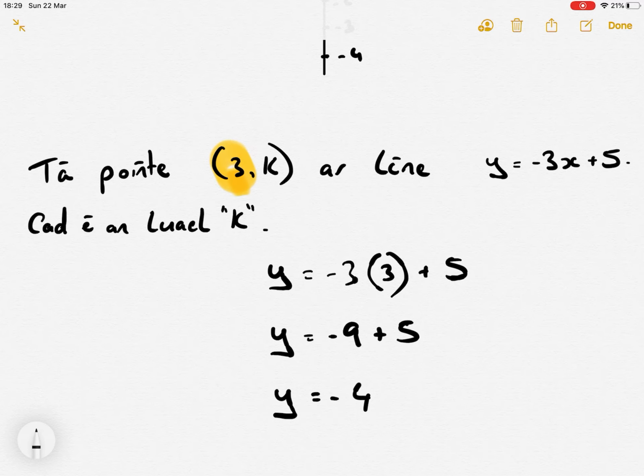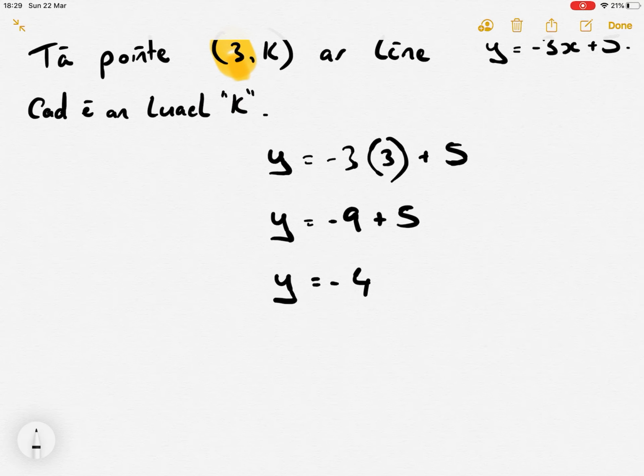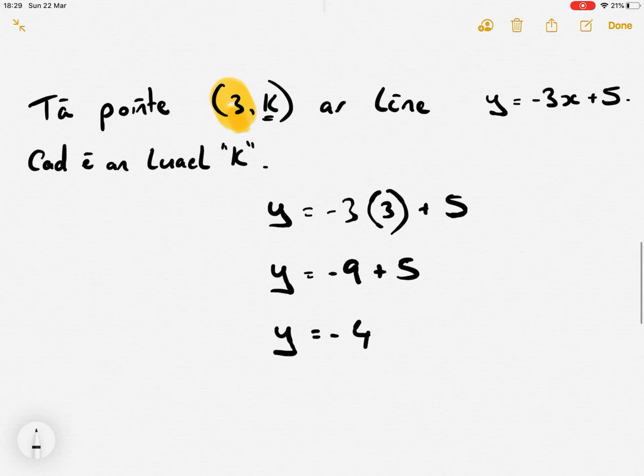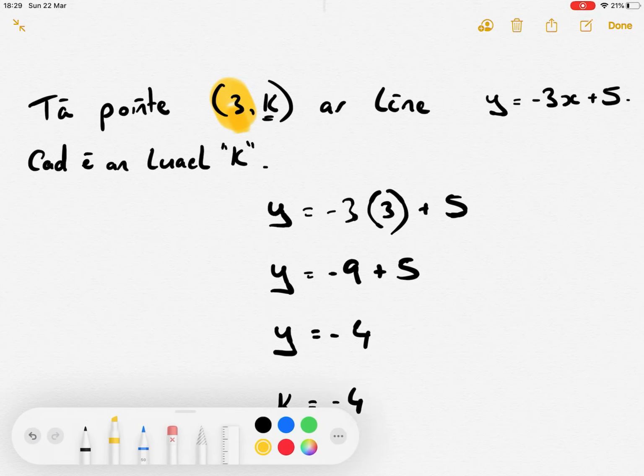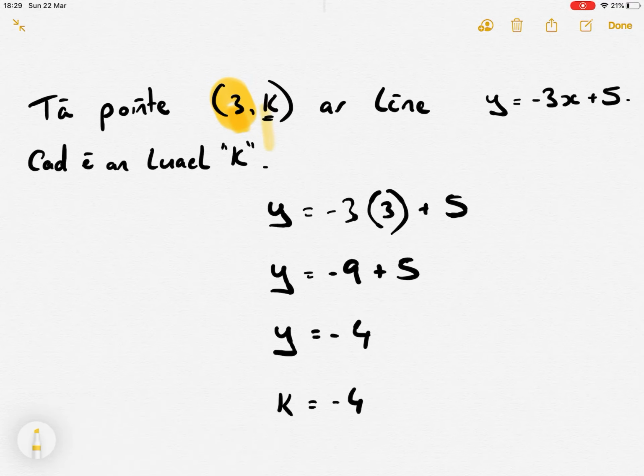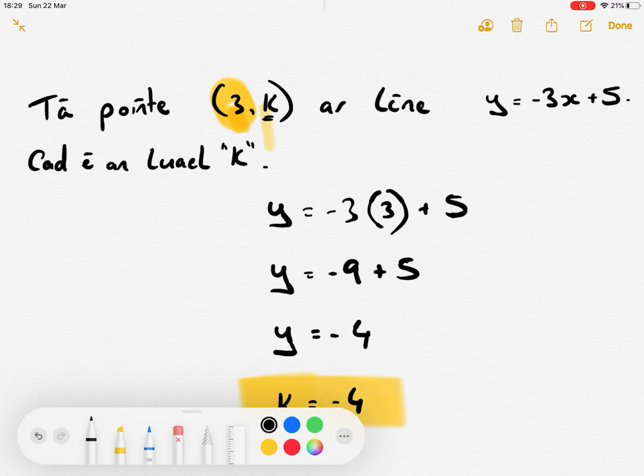So y is equal to minus 4. So now we know, obviously k represents my y bit. So k is equal to minus 4, because k just represented what y was equal to. So that's your answer for that.